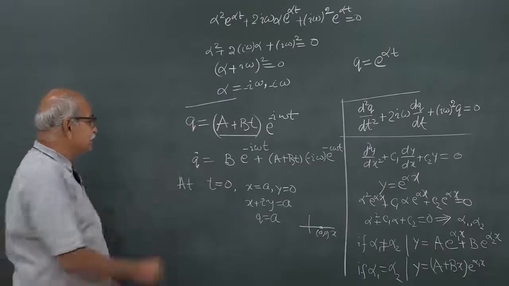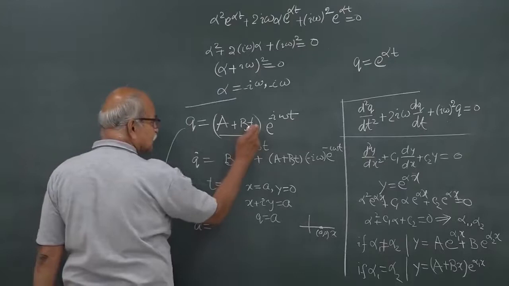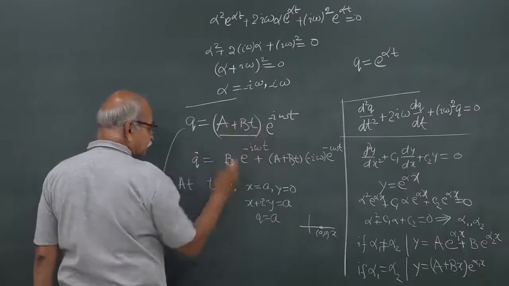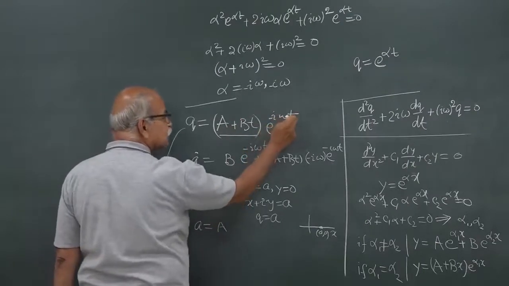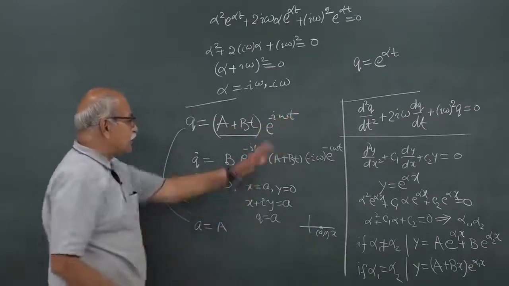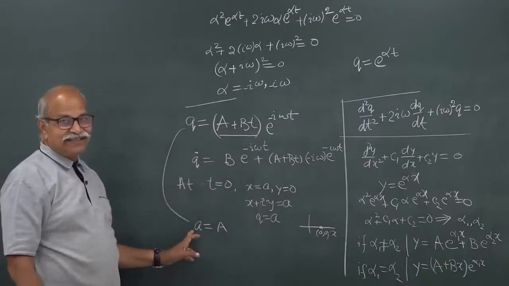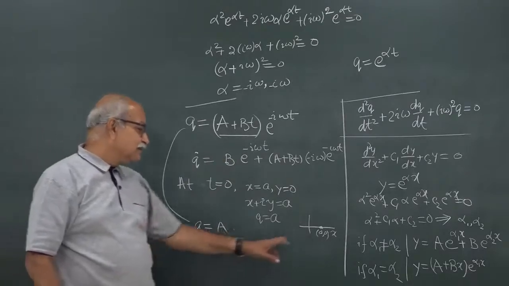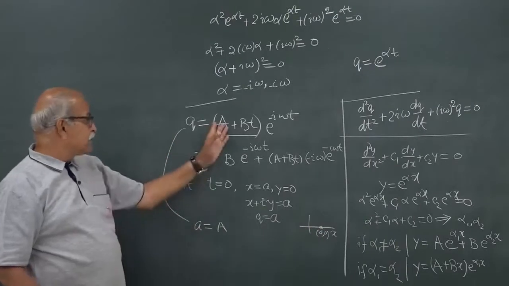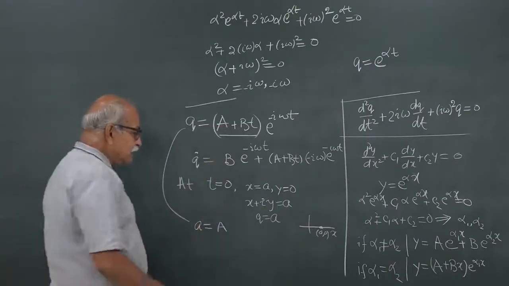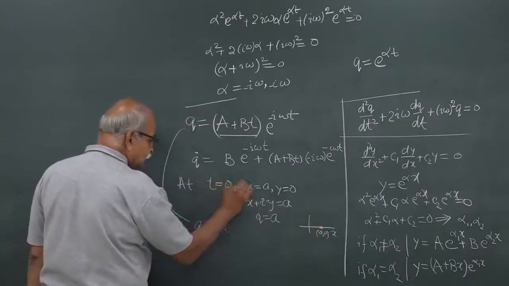So, use this thing here, small a is equal to, t equal to 0, this factor is gone, capital A into e to the power minus I omega t, t is equal to 0. So, e to the power 0 is 1. So, capital A is same as small a. We released this coin from this point a comma 0, and that tells me that this capital A is nothing but a.